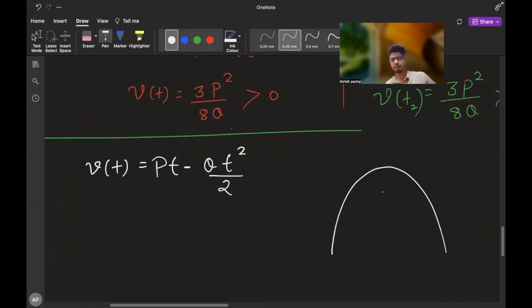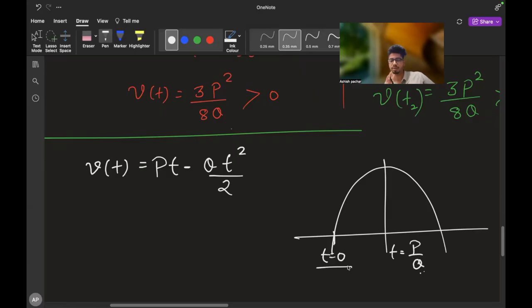And we know where it has the maximum: the maximum point is when t is equal to p by q. At t equal to 0, the velocity expression is 0, which we are already aware of. And if I go with the symmetry, this time interval is p by q.